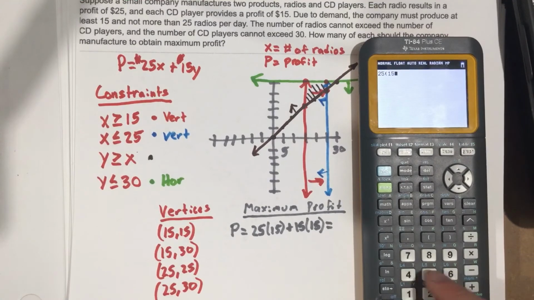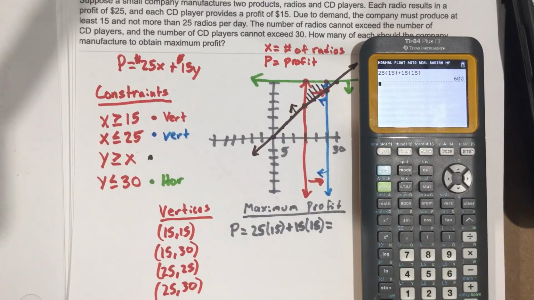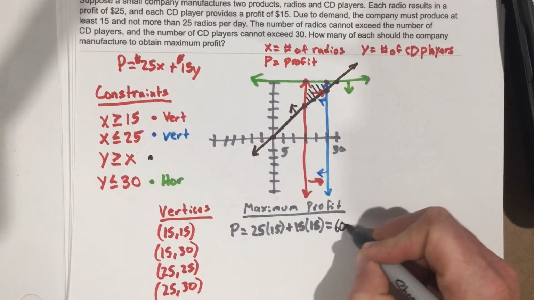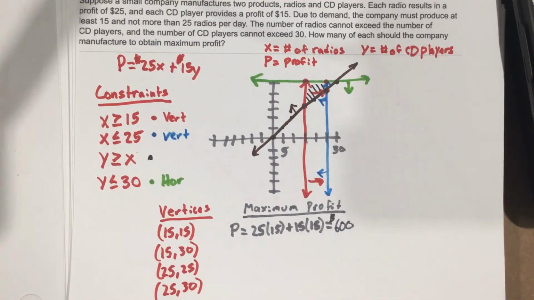So 25 times 15 plus 15 times 15, that's $600. So our profit for this vertice is 600.